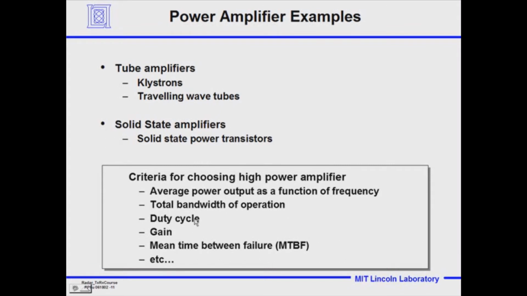If you're satisfied with a very narrow duty cycle, and a dish, you're going to be using a tube radar, might be just the ideal radar for you, and the lower cost. The gain of the antenna, the mean time between failure, etc. It's a very complicated trade-off when you choose one versus the other.